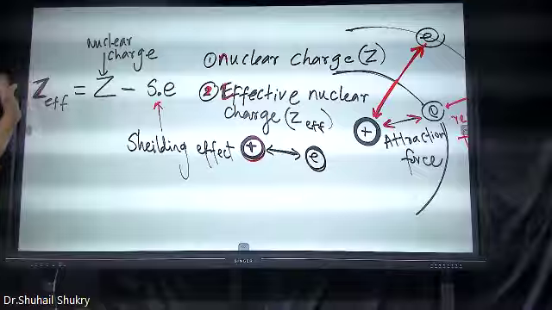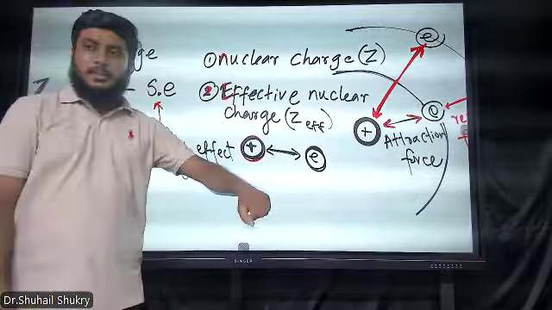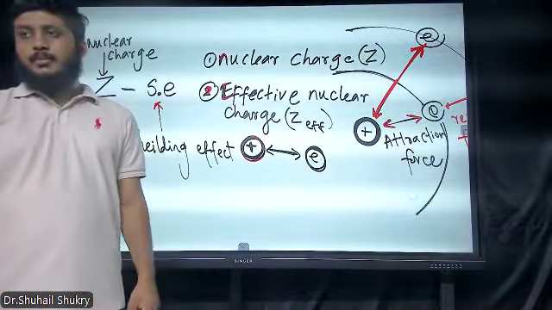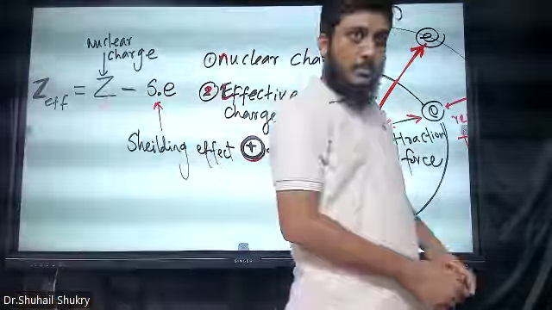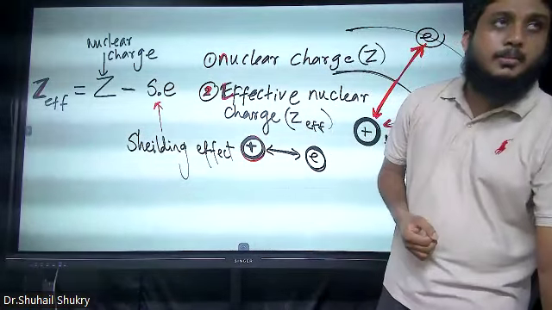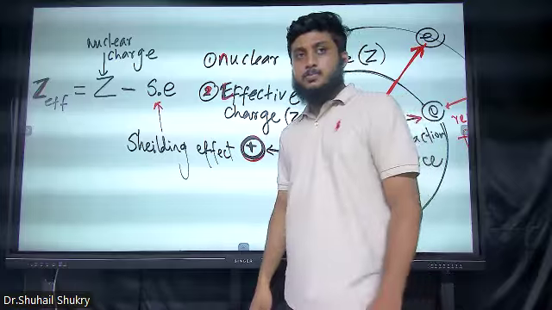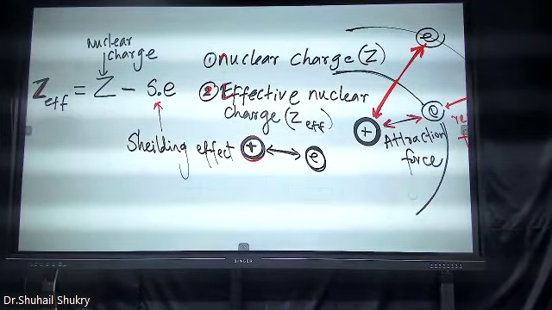So the effective nuclear charge is the nuclear charge minus the shielding effect. Right. Did you understand these things clearly? Okay. So we'll write one by one beautifully, then we'll make a build up like this.